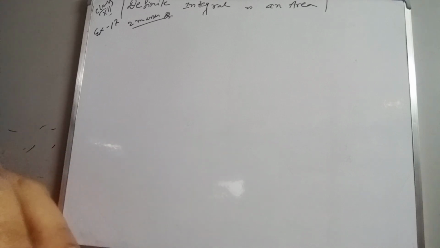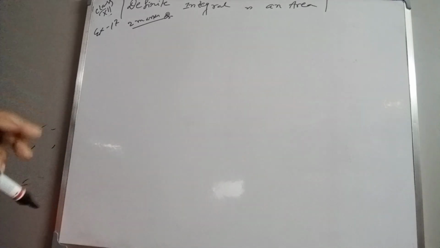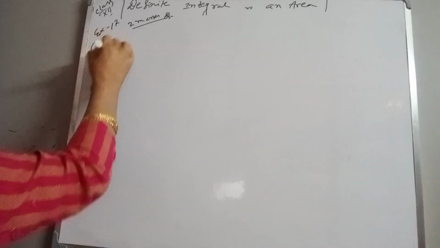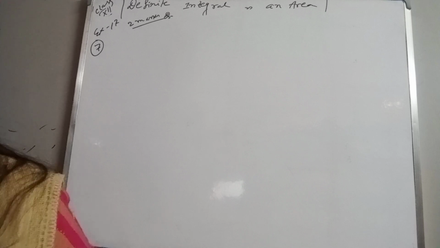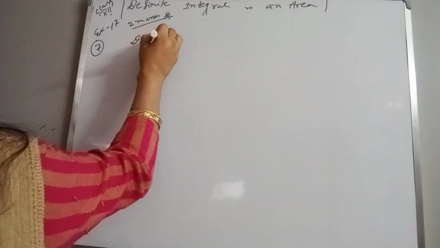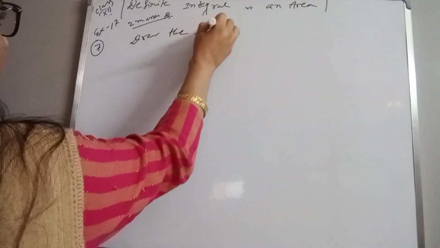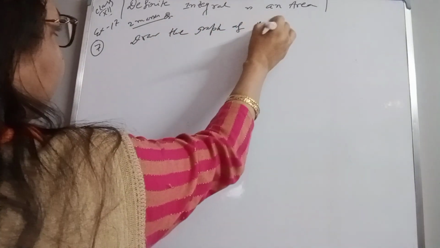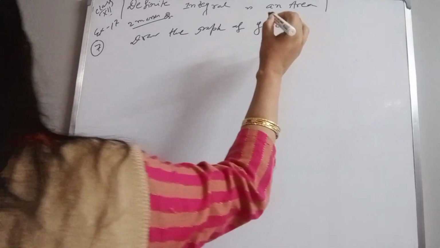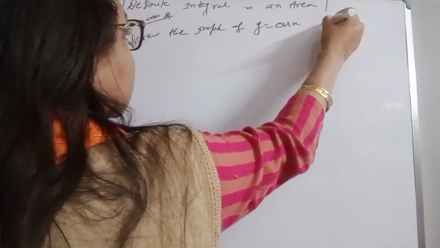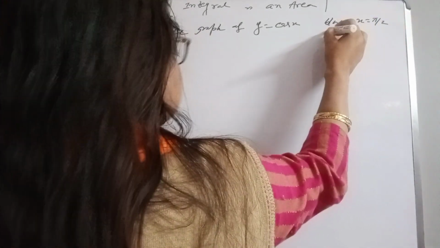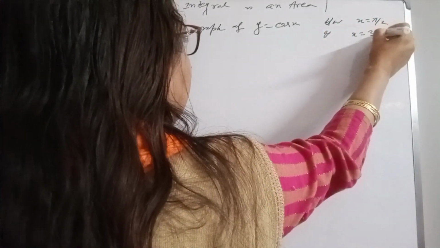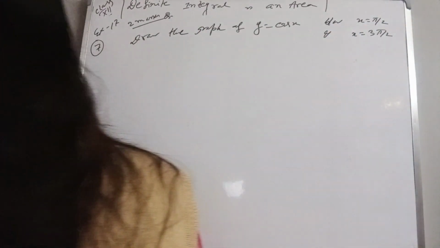Next sum, number 7. What is the question? Draw the graph of y is equal to cos x between x is equal to pi by 2 and x is equal to 3 pi by 2.